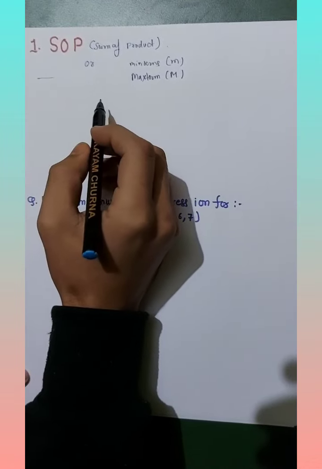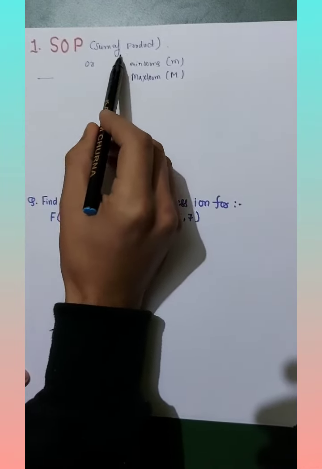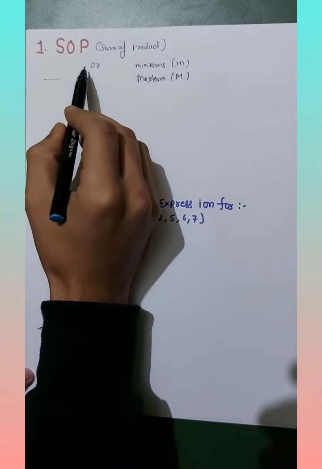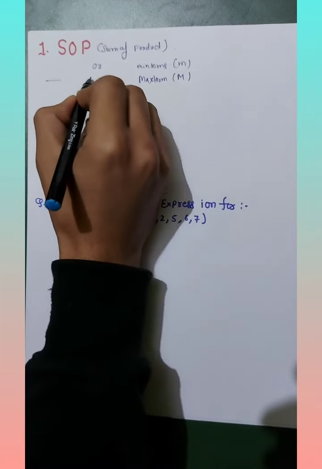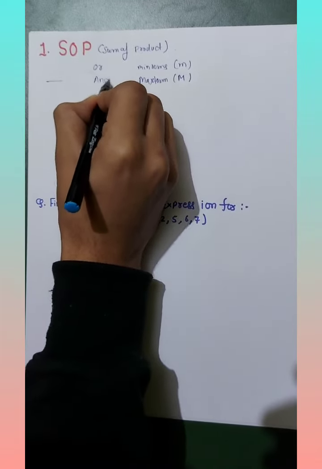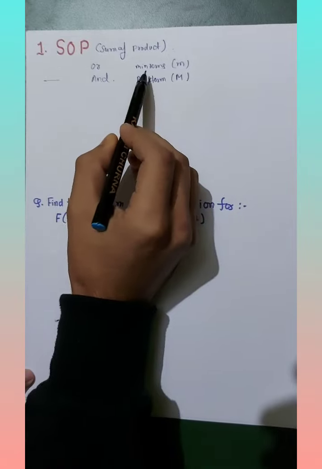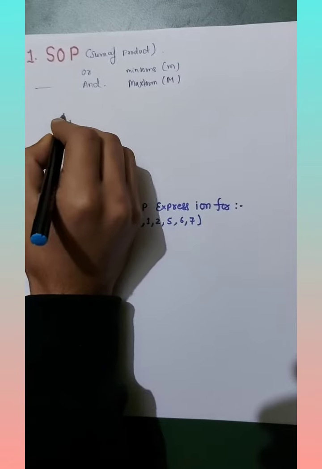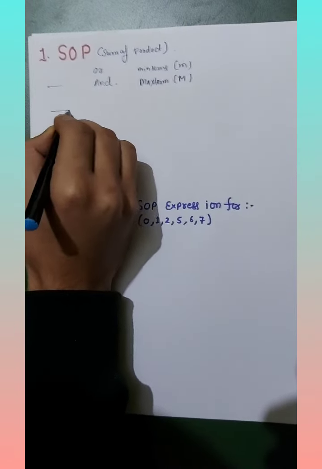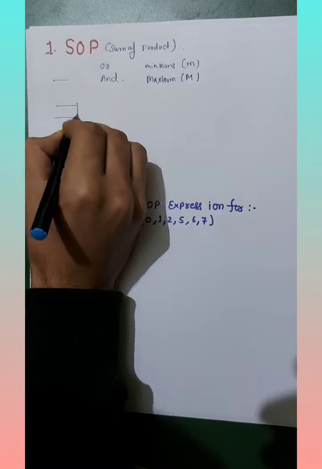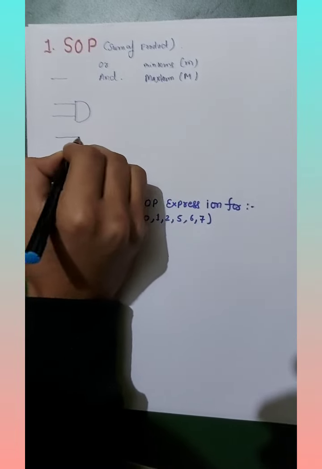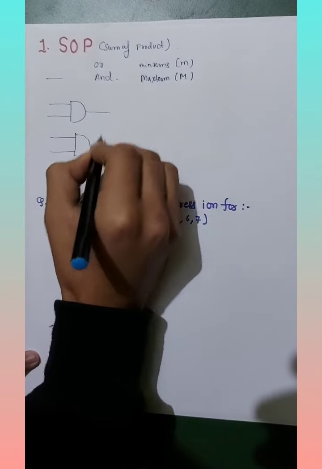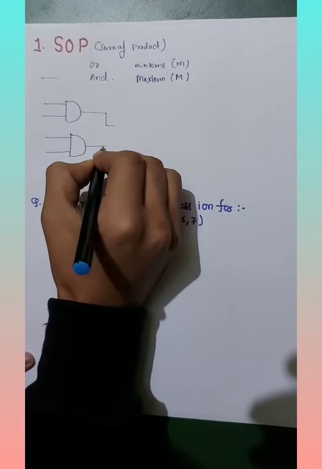Now let us see the topic SOP, which means sum of products. Before going in depth of SOP, first we will see that in this, two operations are to be performed, OR operation and AND operation. And we will see also the minterms and the maxterms. By using a circuit diagram, we will see the SOP. We will use AND gates, and then we will use an OR gate.